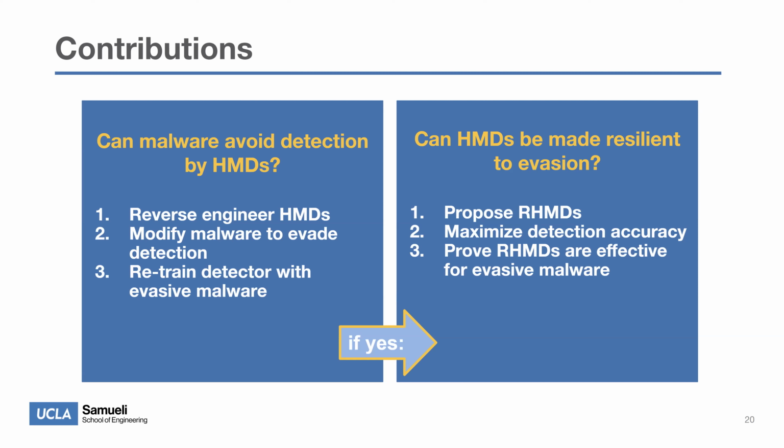Indeed, this is possible, and the paper proposes resilient HMDs, RHMDs, which use diverse simple base detectors to prevent reverse engineering by randomizing detection responsibility. It also investigates switching strategies to maximize detection accuracy and proves that RHMDs do increase the difficulty of reverse engineering and complicate evasion, showing that they are a practical solution.